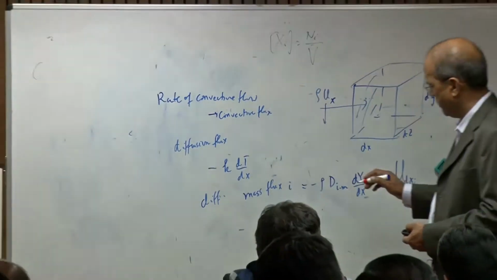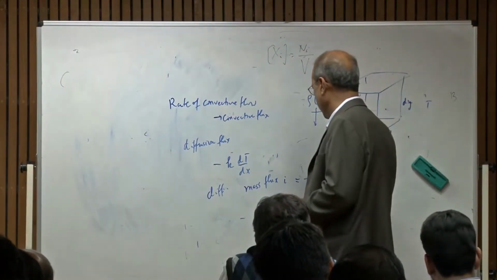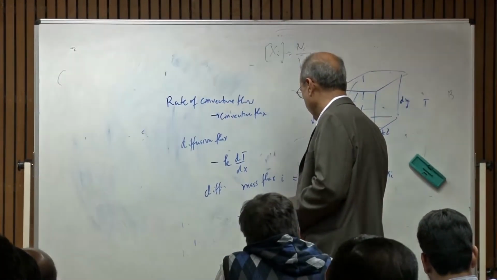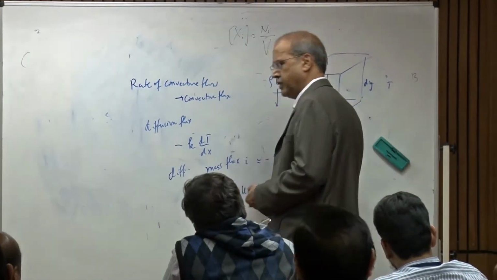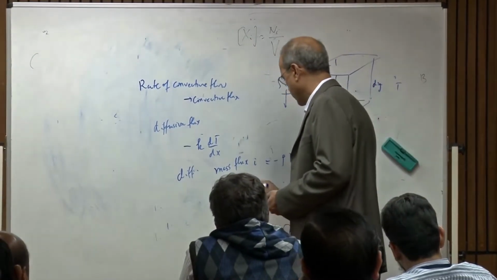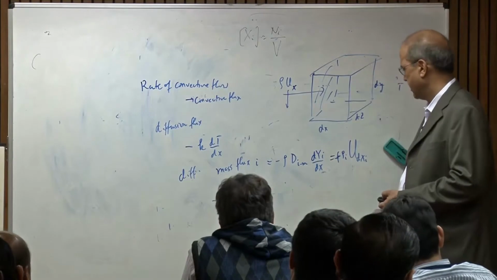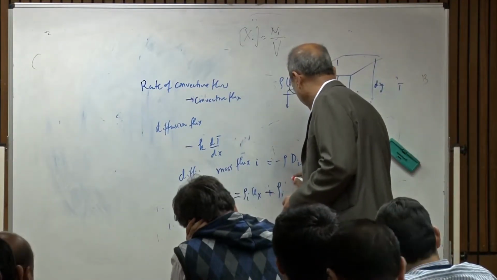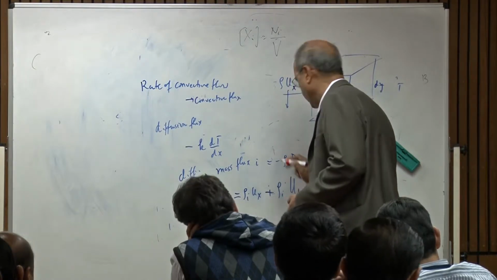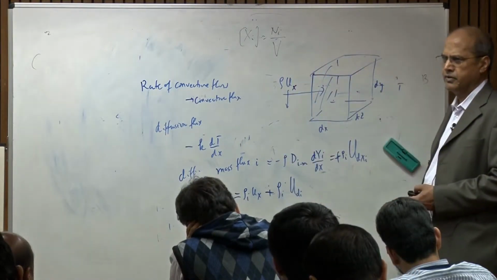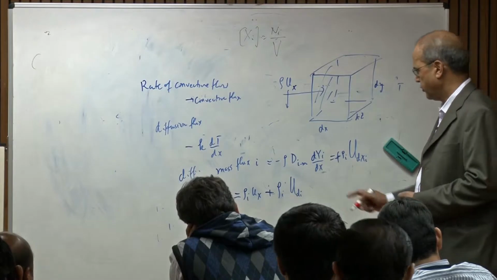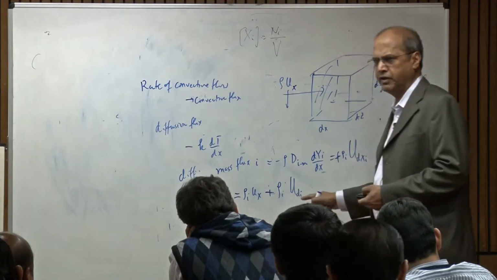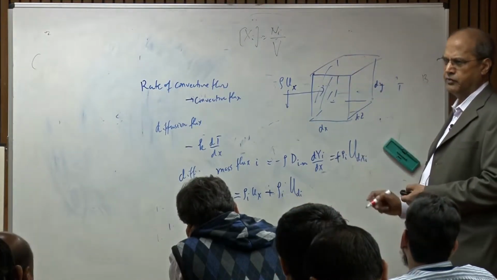Like for species mass, you have convective flux rho I times ux. Similar to that, you have diffusive flux. So for species we have two velocities, convective velocity and the diffusive velocity.